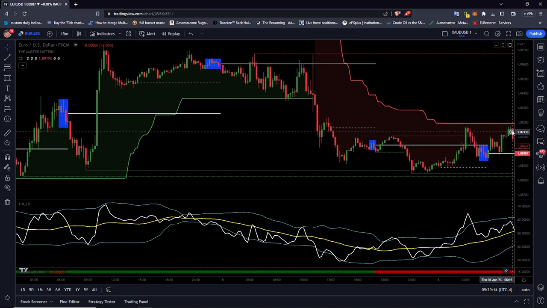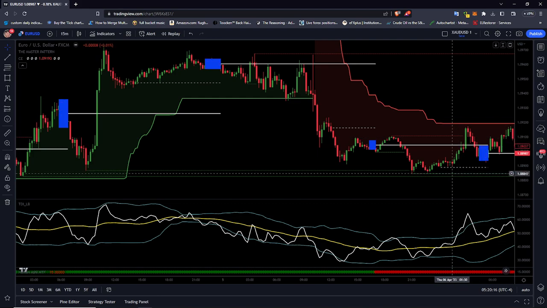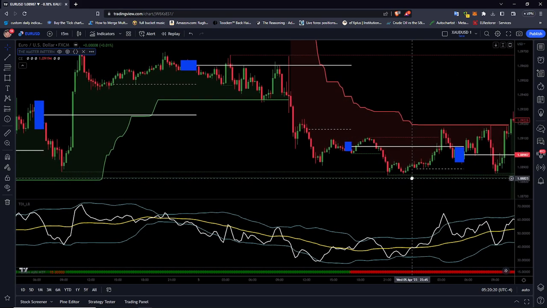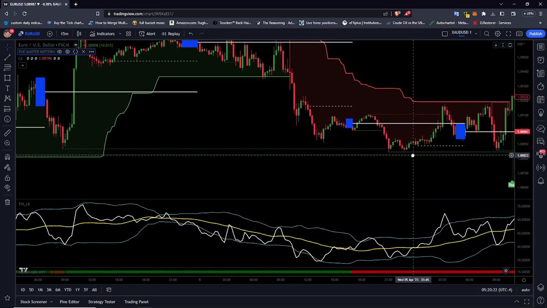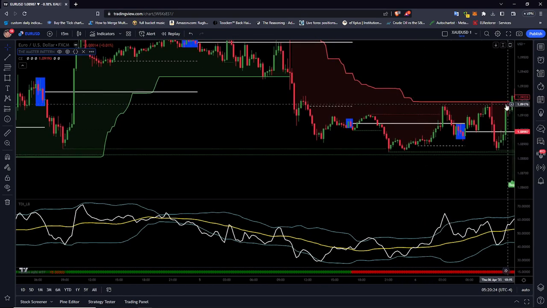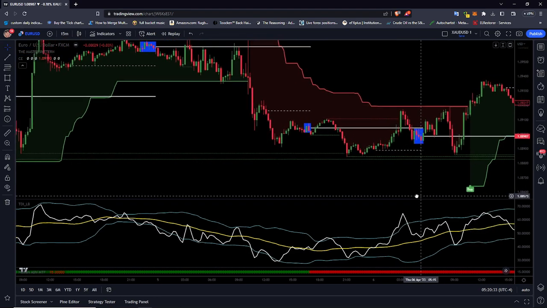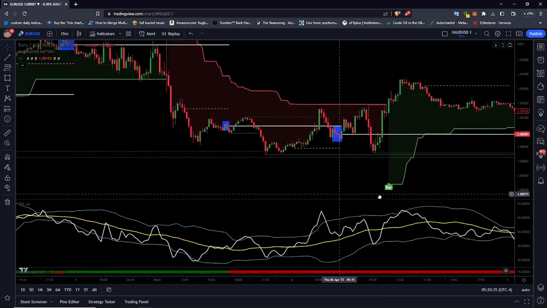So you would sell here again with more confidence. And then you see when the price penetrated the line and closed above it, the indicator switched to a buy zone. There, see, now you are in the buy zone.